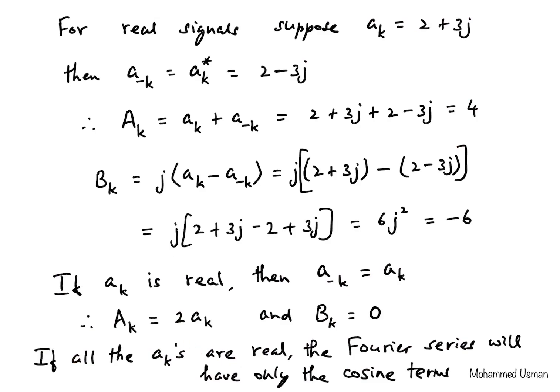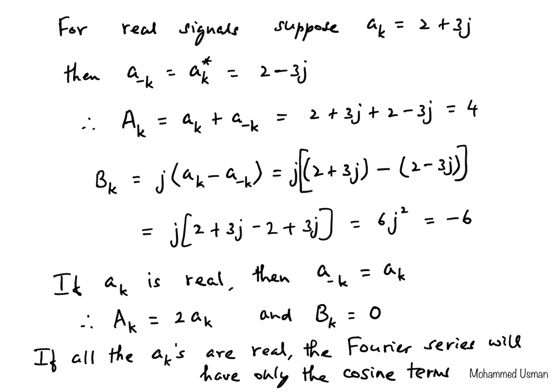So that is just to summarize and quickly give you an idea as to what you're supposed to do when you are computing the Fourier series of a signal. You will first find the small AKs, and if it's the exponential Fourier series, you just substitute those small AK values in the exponential Fourier series equation, and you get the signal x of t represented as the exponential Fourier series.